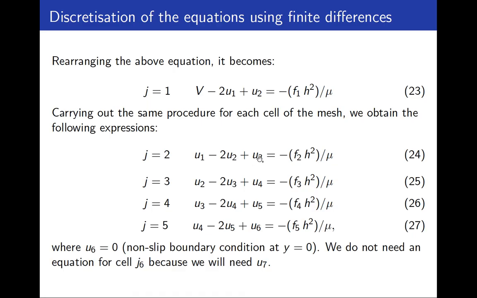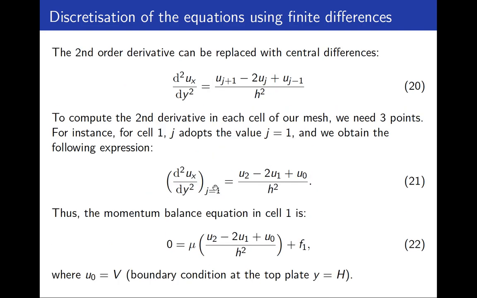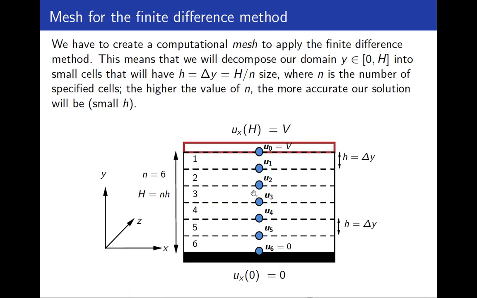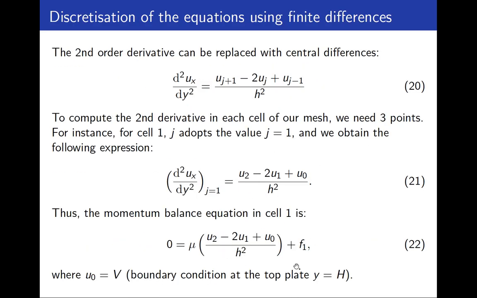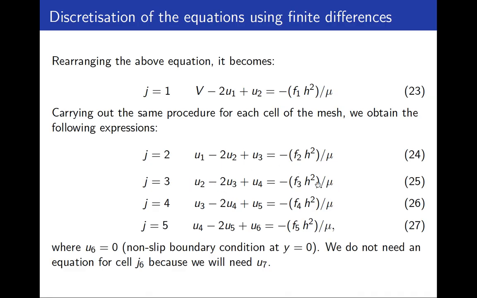Then you rearrange the equations and end up with something like this. You also apply this definition of the second derivative for cell 3, where you will need u2, u3, and u4. If you rearrange these equations, you end up with something like this. Then you carry on up to cell 5, and you obtain this equation.